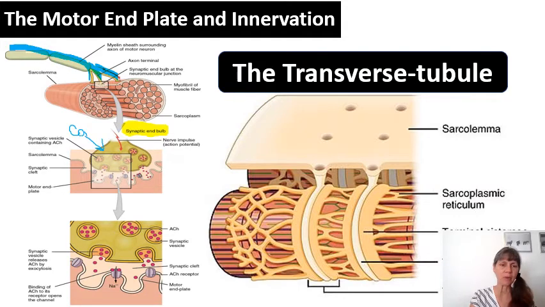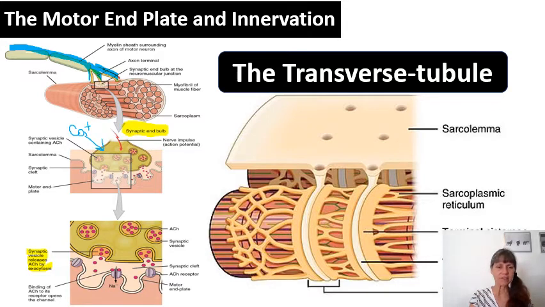As calcium moves into the synaptic end bulb, it will trigger synaptic vesicles to merge their membranes with the membrane of the synaptic end bulb. These synaptic vesicles contain a neurotransmitter called acetylcholine.